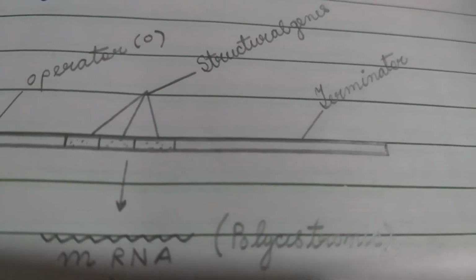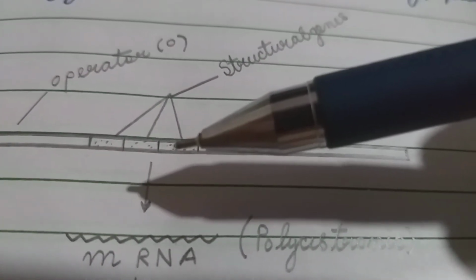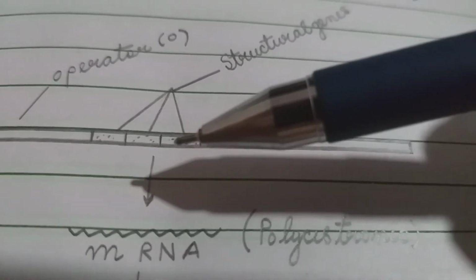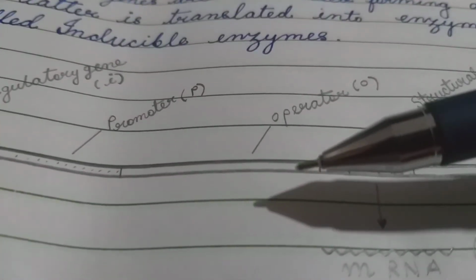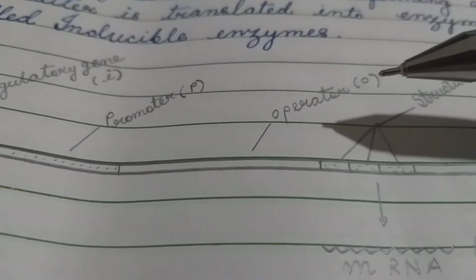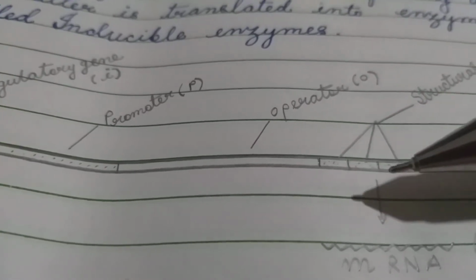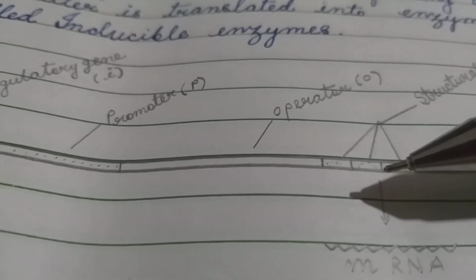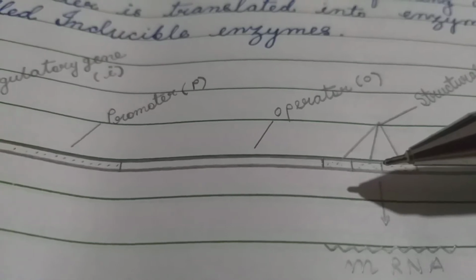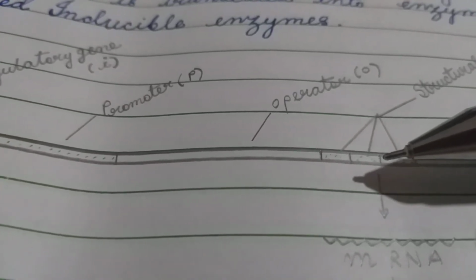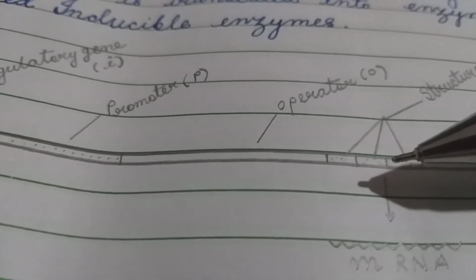Structural genes, and adjacent to the structural genes, the operator gene, represented by O, adjacent to structural genes or cistrons. Structural genes may be 1, 2 or more than 2.